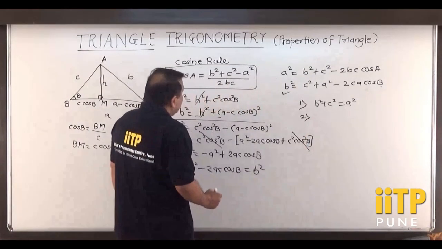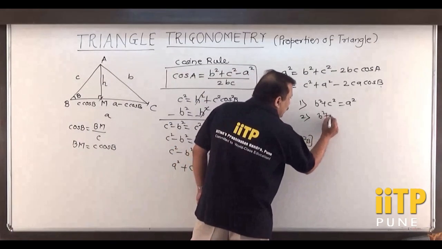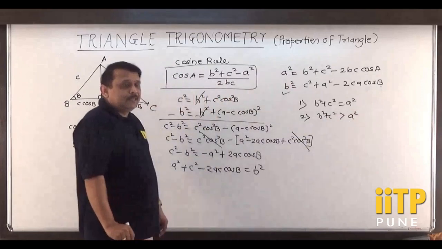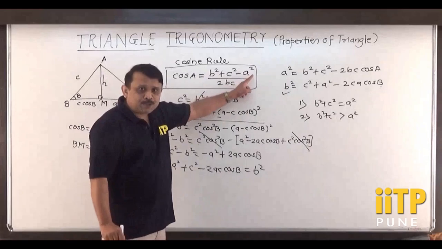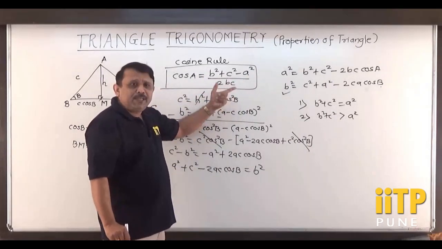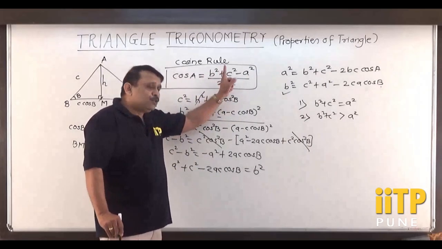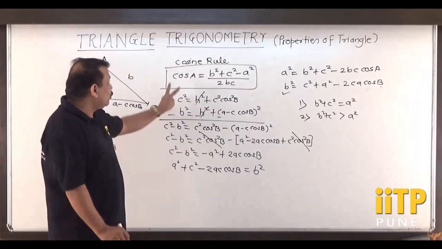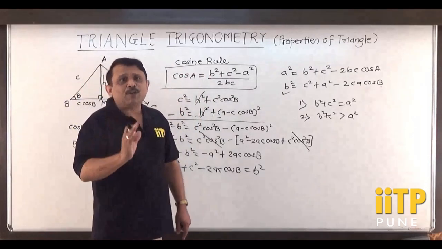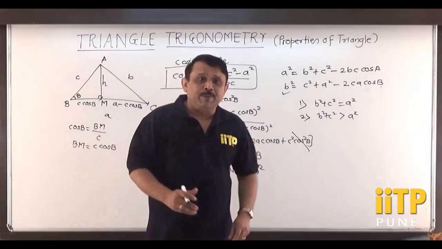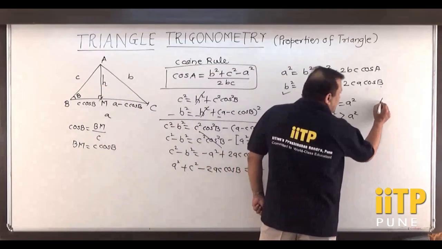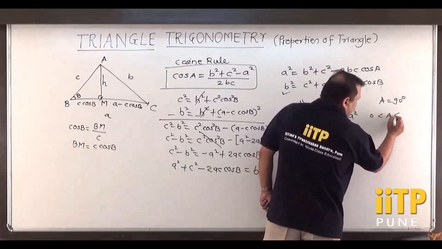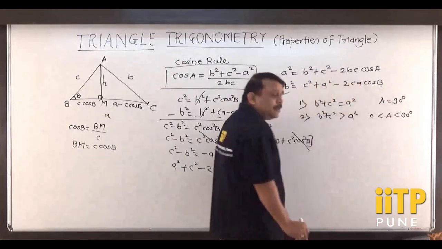Second remark: if b square plus c square is greater than a square, then this difference is positive. Already b and c are sides, so positive. So numerator is positive, denominator positive, so the right hand side is positive. Therefore cos A is positive, and if cos A is positive, A has to be acute. In this case A is between 0 and 90 degrees.